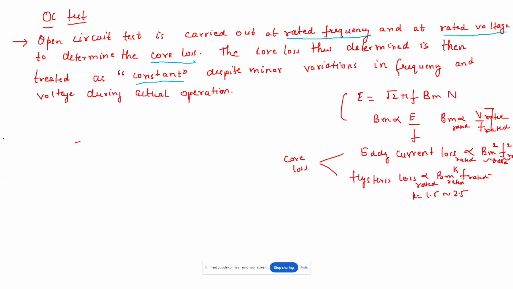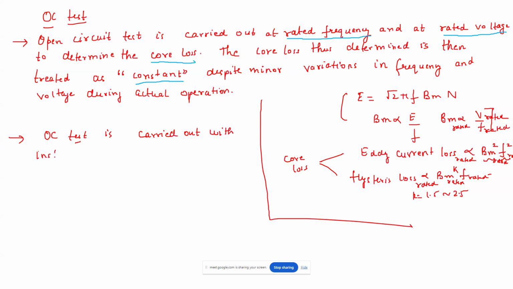Now let us go to another point related to the open circuit test. So what is this other point? The OC test is carried out with instruments placed on the low voltage side.